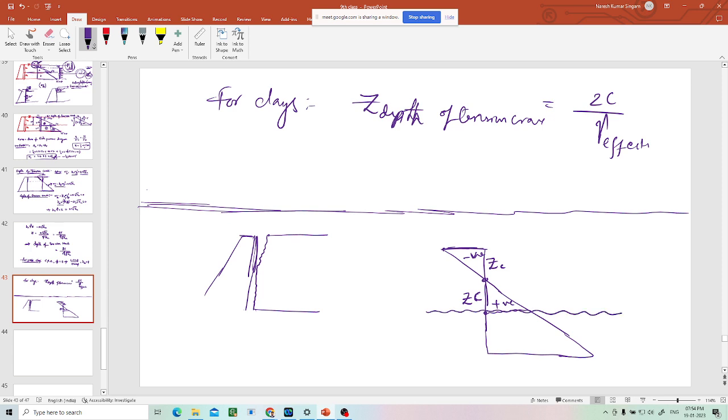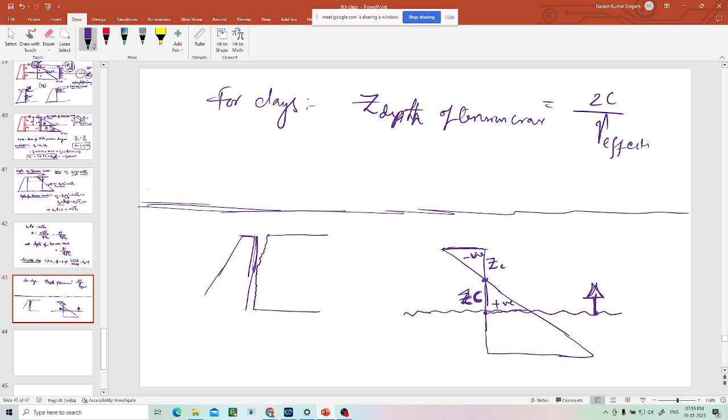What is the net force above this line? 0, because I am taking up to another ZC, so both are equal triangles. So up to this depth, net force is 0.